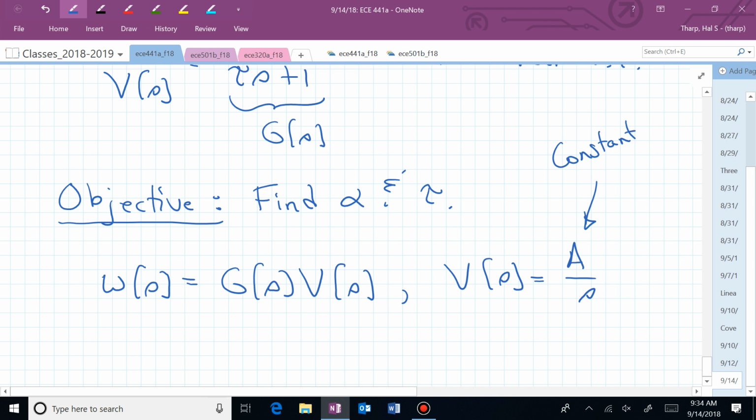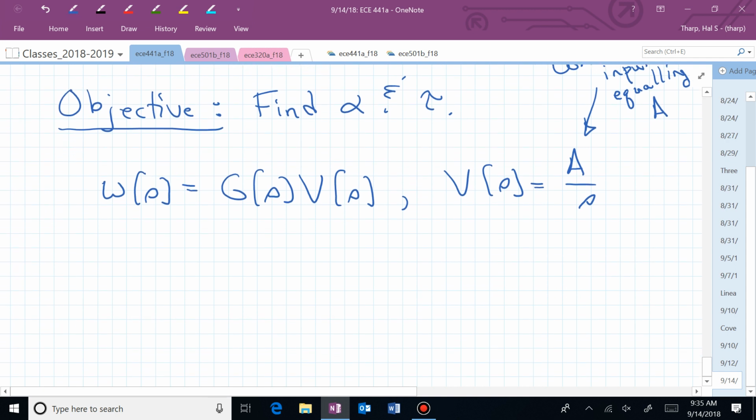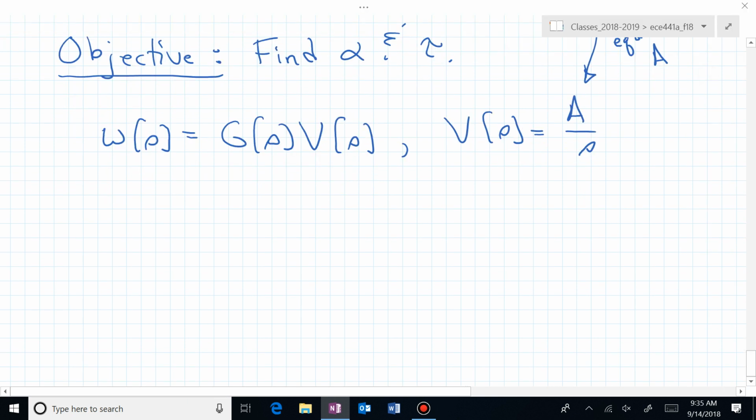You apply a constant voltage, maybe 2 volts, and now your DC motor spins and it reaches a steady state rotational velocity. And we want to use that information to identify it. So here's a constant input equaling A. And now maybe somebody says, well, what's the general expression for omega of t?